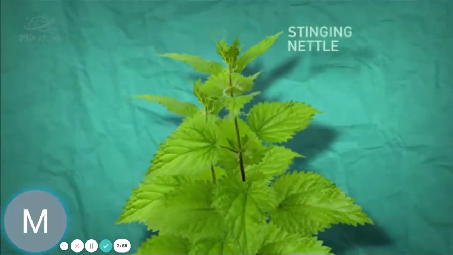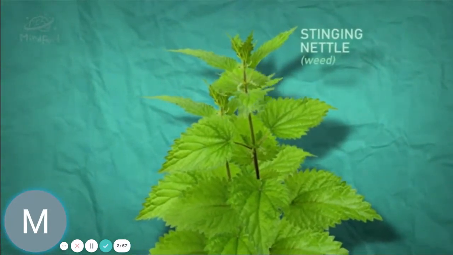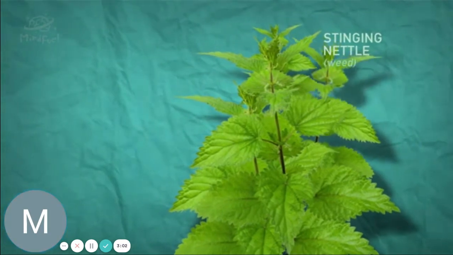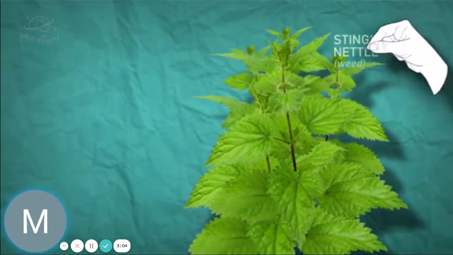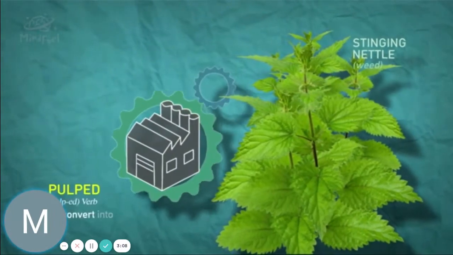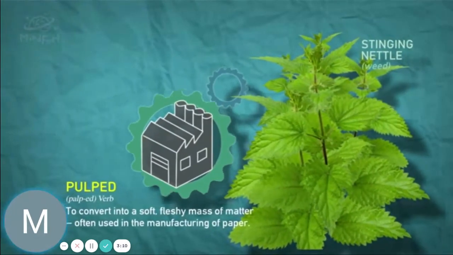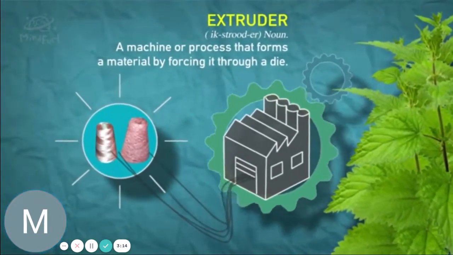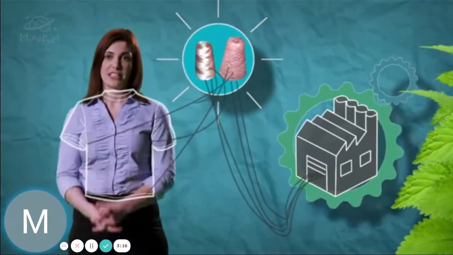We had a client come to us, and they wanted to attempt to make textiles out of stinging nettle, which is a weed. So we took the material that they sent us, and we put it through our small-scale processing system, pulped it, and then we put it through an extruder to extrude it into a fiber. And that fiber can be woven into textiles.